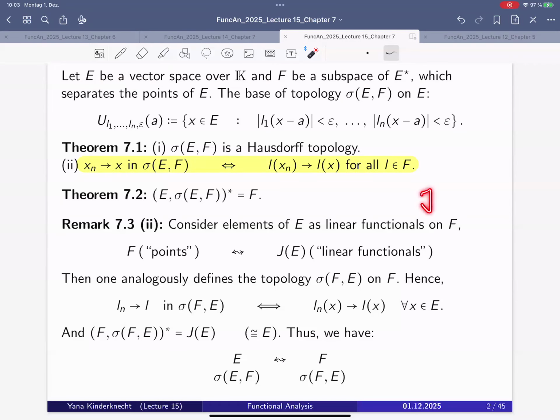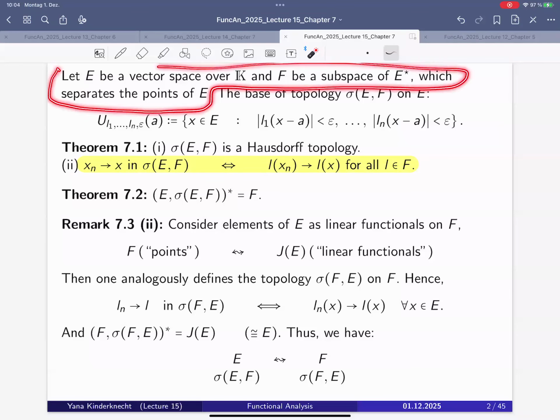This functional is a point evaluation which acts on F, so point evaluation at the point X. Hence each point X in E gives us a linear functional on F. So we have exchanged the roles, and then we may do the same procedure. I clarified last time that when we change the roles, it turns out that this guy separates the points of F. So we are exactly in the same setting as here, but with exchanged roles.